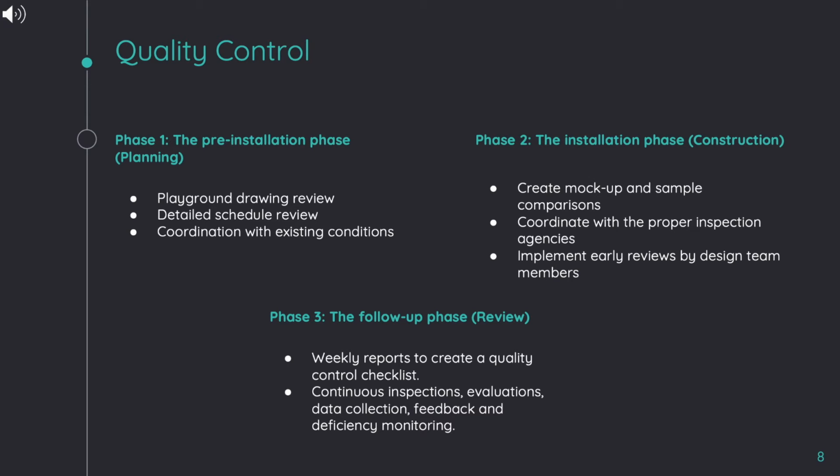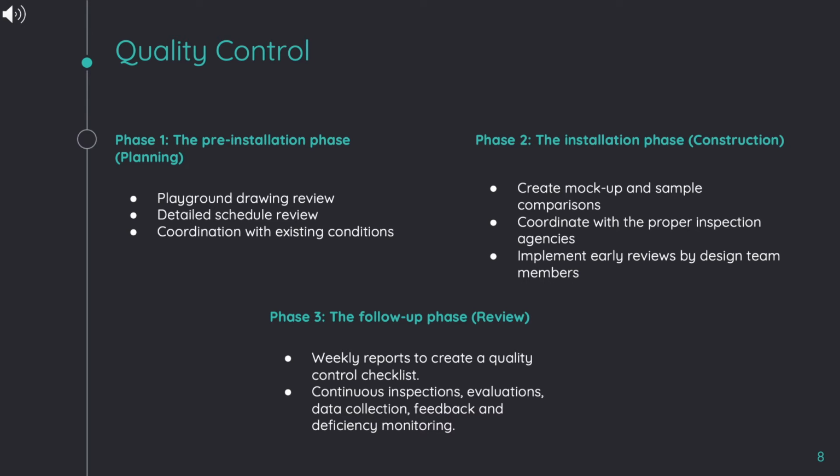During this phase, we will conduct pre-installation meetings with the design team, the project sponsor, the project management team, and anyone else involved with the project. This meeting includes playground drawing review, detailed schedule review, and coordination with existing conditions.